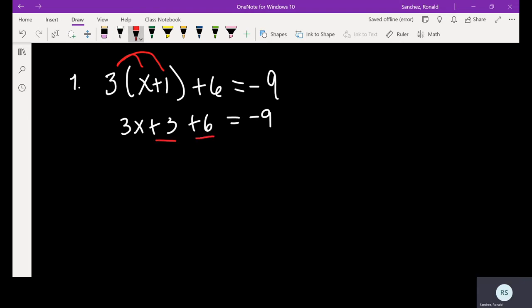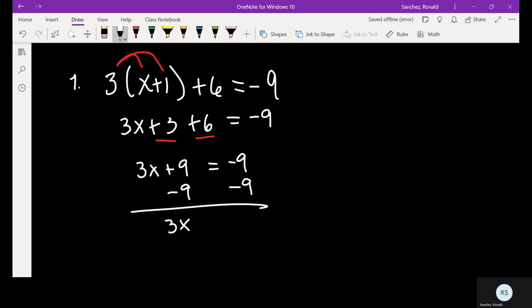Well, I combine my like terms, and that will give me 3x plus 9 is equal to -9. I can now subtract 9 on both sides because I have a plus 9, and that gives me 3x is equal to -18. And lastly, I can divide by 3. So x is equal to -18 divided by 3. That gives me -6.